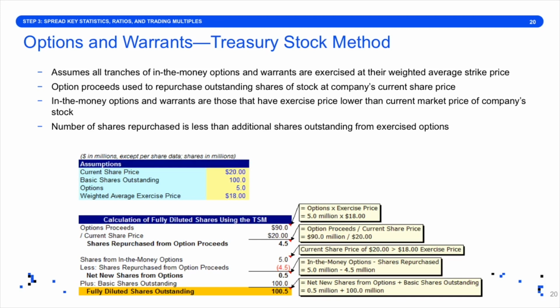So basically the holder of the option can exercise the option and receive a stock for a price of 18. Now, will this person exercise the option?